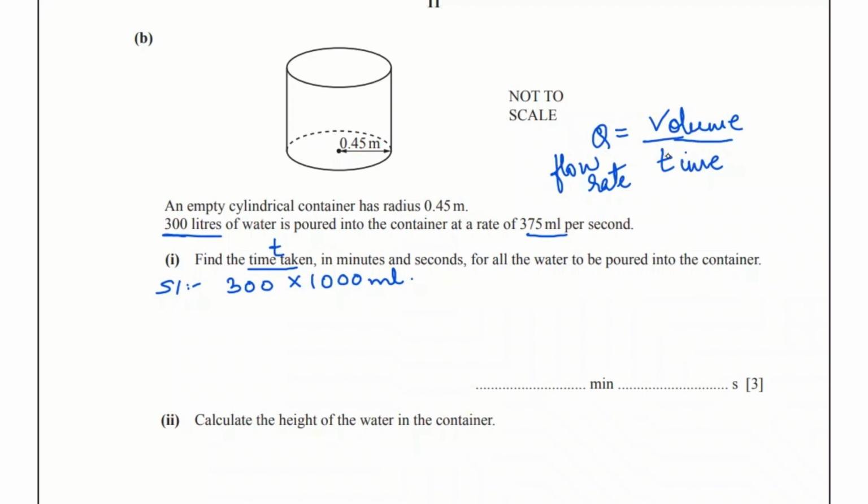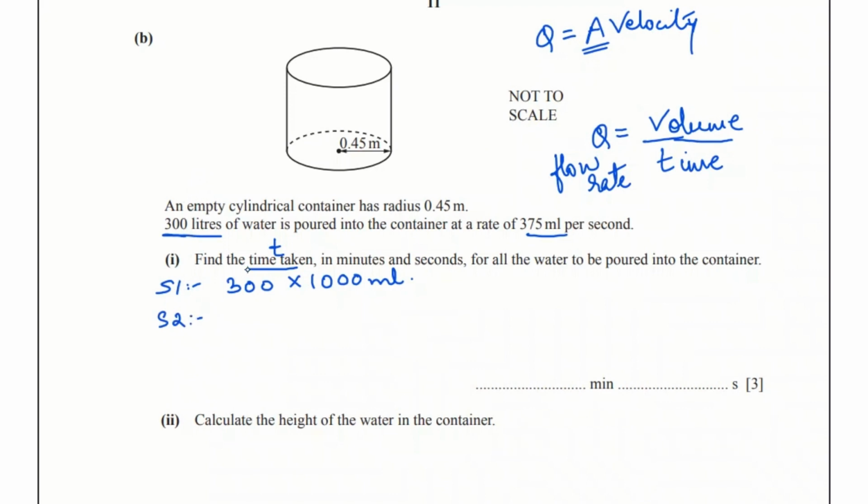Q equals volume upon time. If they talk about speed, then you have Q equals AV, where A is the area of cross section and V over here is velocity. So if they talk about speed and area and flow rate, then this is the formula that you can use. Else over here they are talking about the rate of flow of water, volume is given and time is to be found out. So now let's put it into this formula.